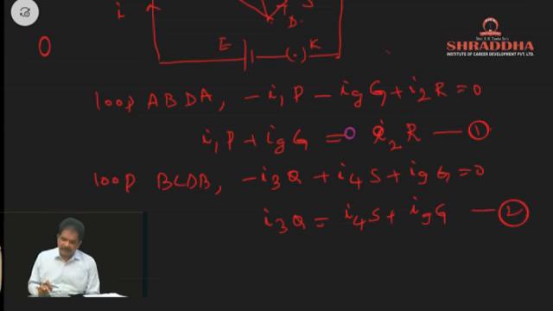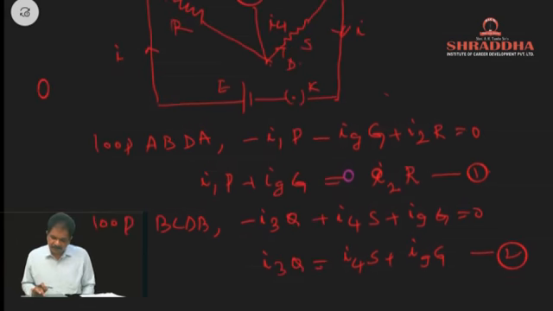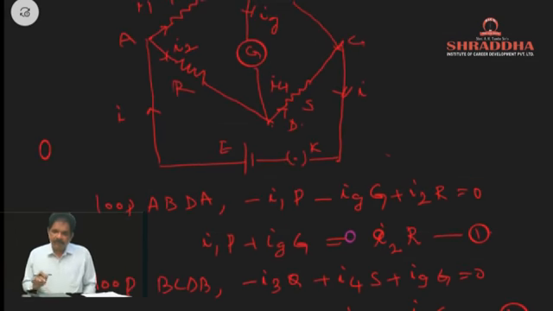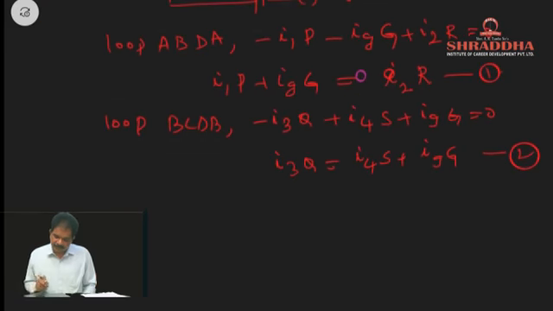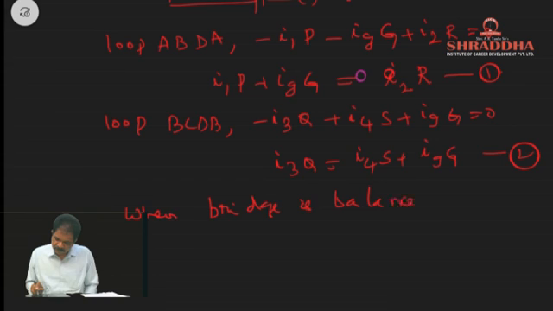When will we say the bridge is balanced? It means the current flowing through the galvanometer will be equal to 0. Then we can say the bridge is balanced. When the bridge is balanced, the Ig value will be equal to 0.